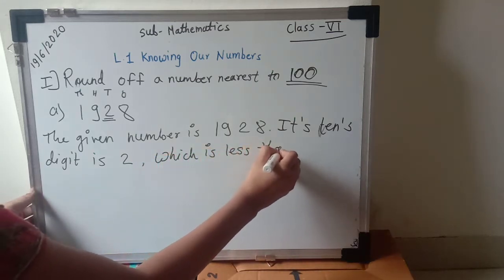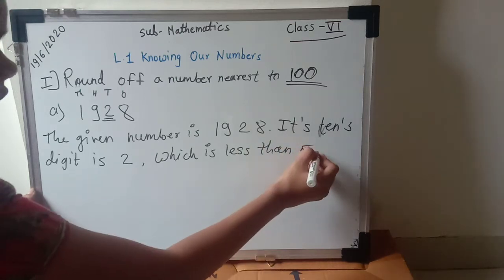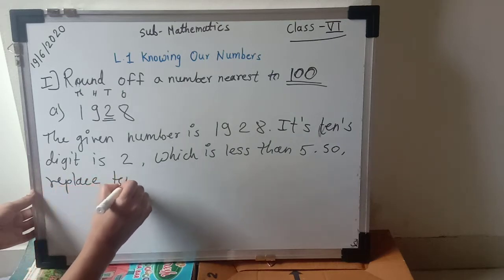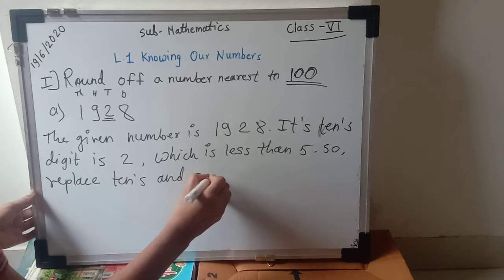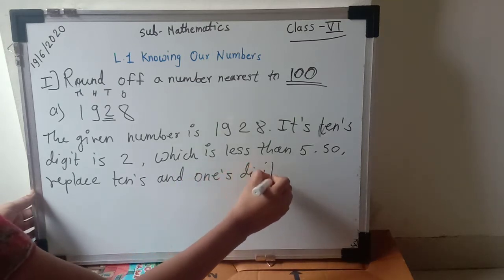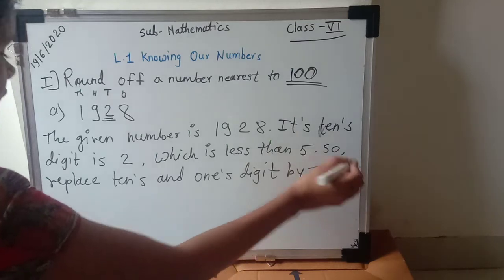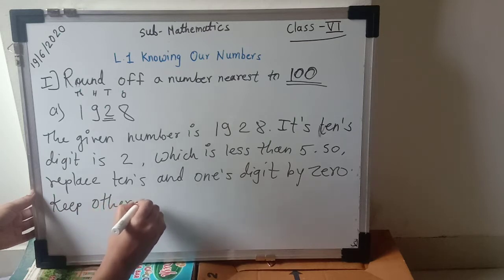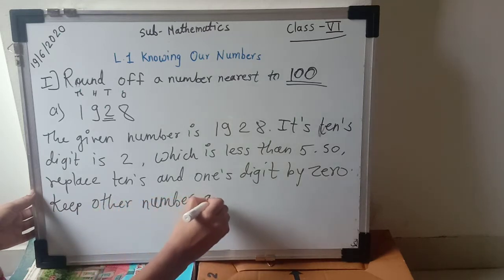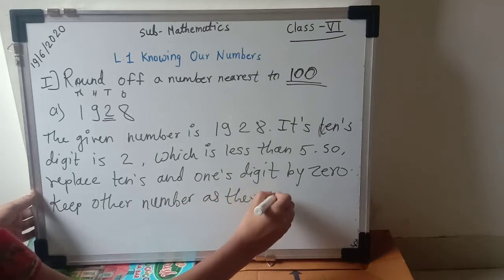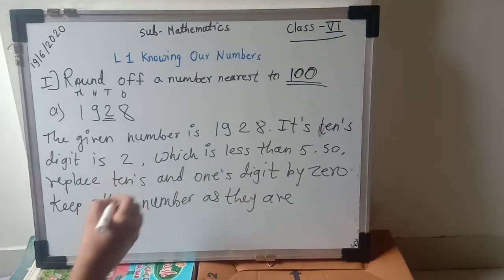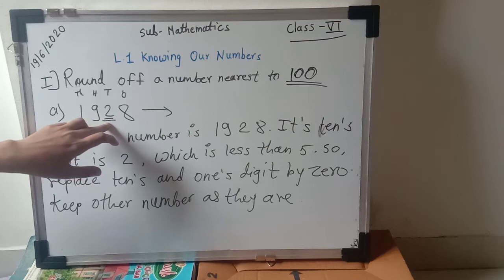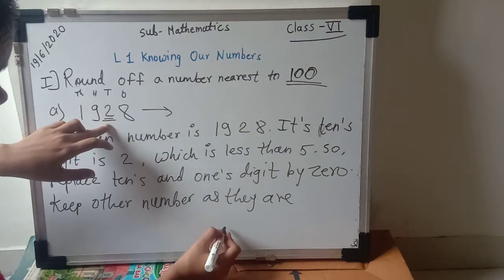Now here 2 is less than 5. So what do we have to do? Replace the tens and ones digit by 0 and keep the other numbers as they are. So 2 is less than 5, so replace the ones and tens digit by 0.